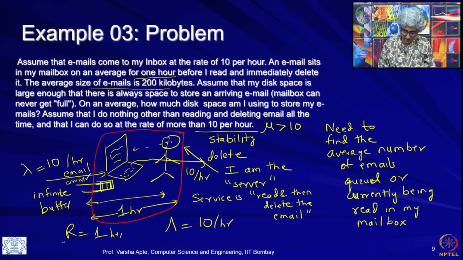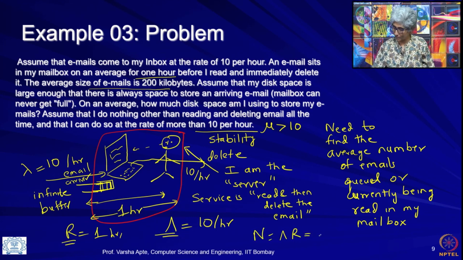So obviously I got R, I got lambda, so I have n equal to lambda R, which is 10, and that is I multiply this by 1 and I get 10. Now I have to just calculate how much space this takes, right.